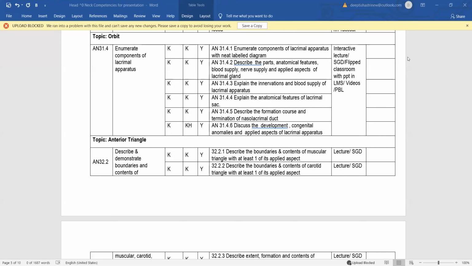Dr. Saikat, Praveen sir. Ma'am, we cannot change the competencies, but if there is a way we can communicate with the group who has designed the competencies, we can bring to their notice that we are having a discrepancy.